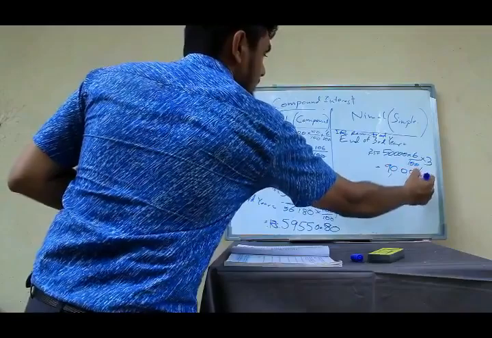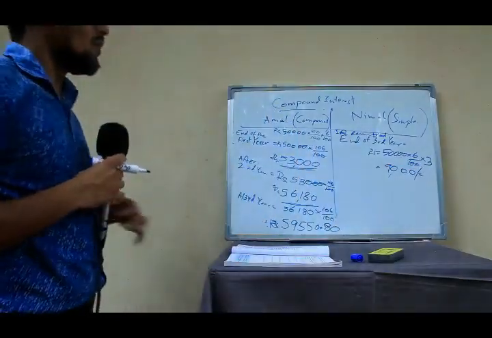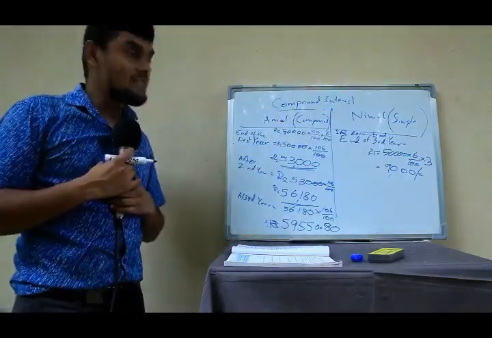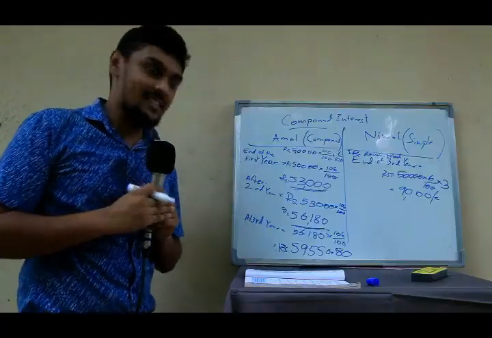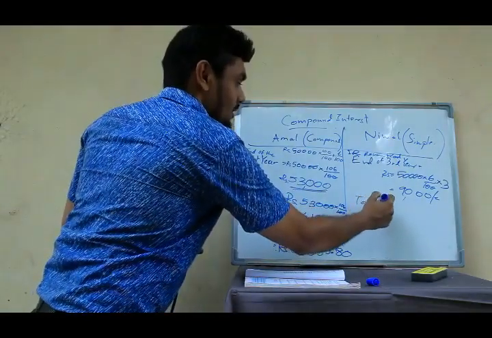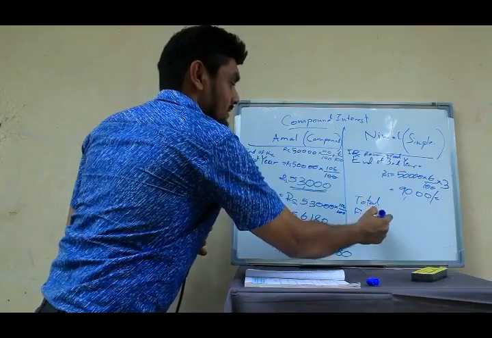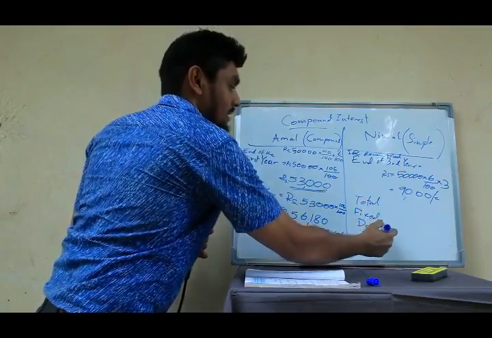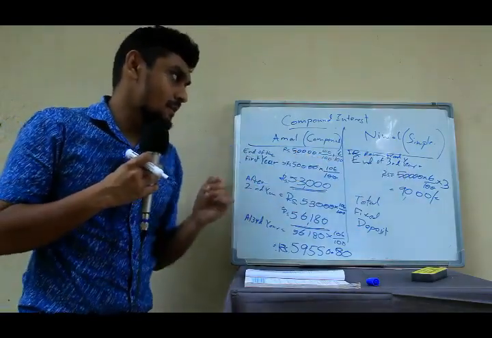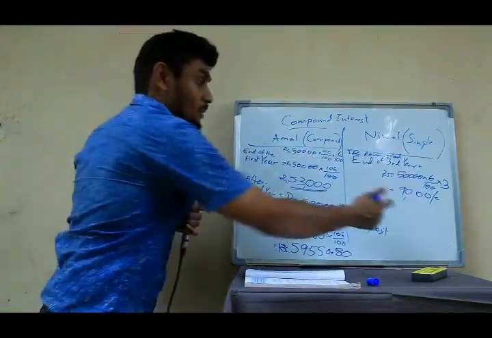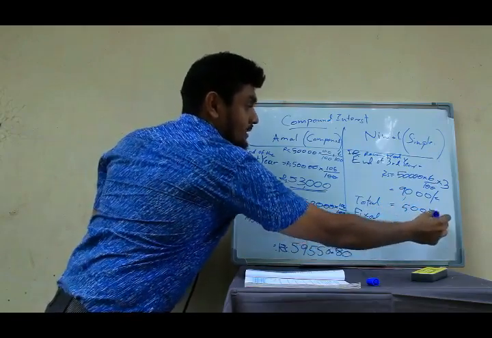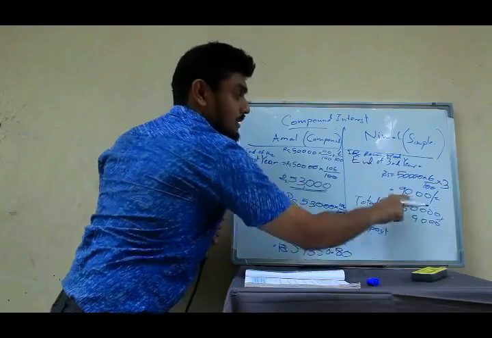This is the interest. So after 3 years, this much interest has been added to his account. Now you can find the total fixed deposit: this amount 50,000 rupees plus 9,000 rupees interest.